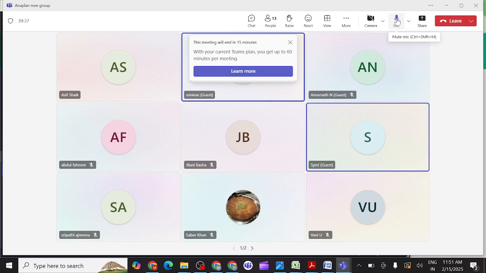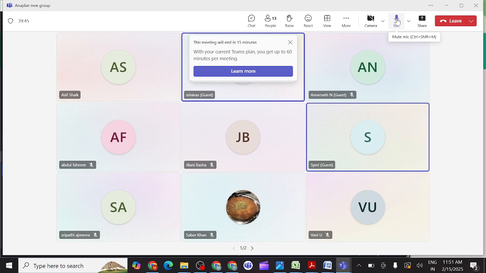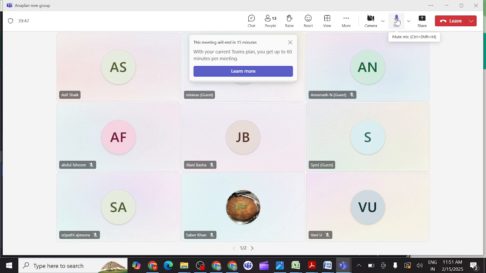Hi, everybody. This is Syed Abdurrahman, and I have around 3 years of Anaplan model builder experience. I did my BE graduation from Osmania University, and in the initial stage of my career I worked as a mechanical engineer in various construction projects.